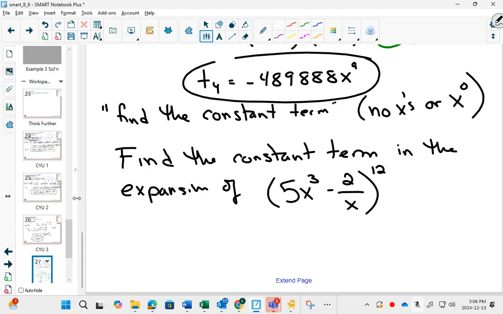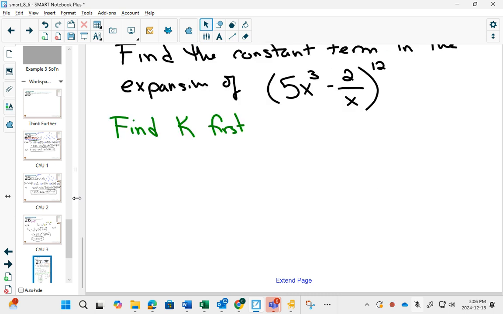It's identical to find the term containing, because you have to find k first. And again, the hint is we know that we'll have no x's. So we actually write x to the 0, because our exponents are the only hint. It's going to be 12 choose k.